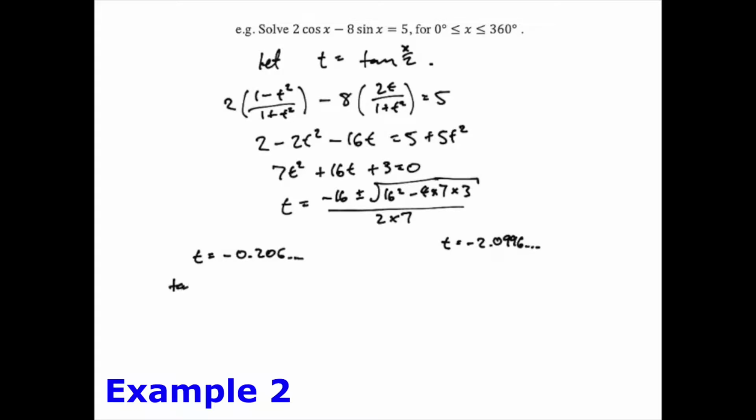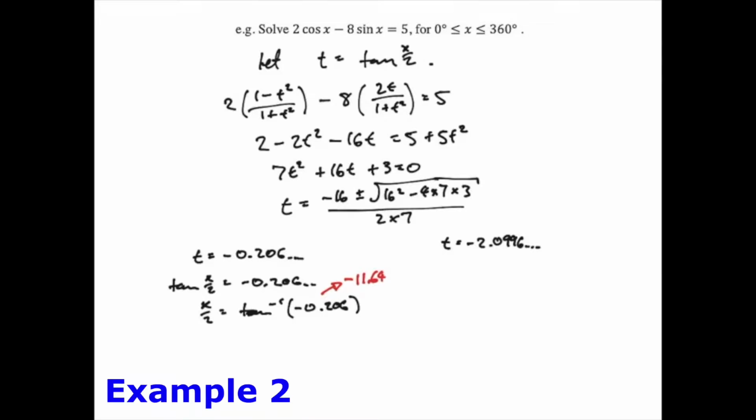So we end up with tan x over 2 is negative 0.206 and inverse tan, okay, and we get our base angle. So base angle for here is, this is in degrees, so negative 11.64.